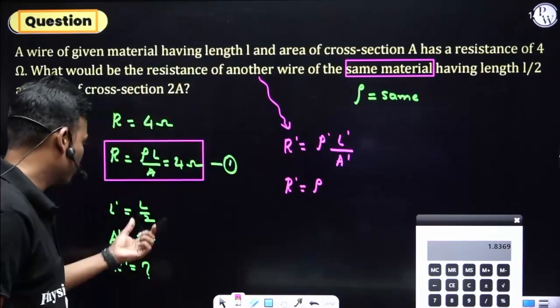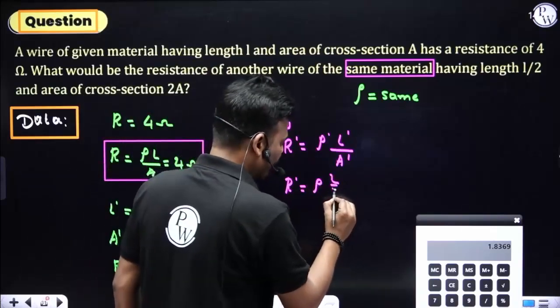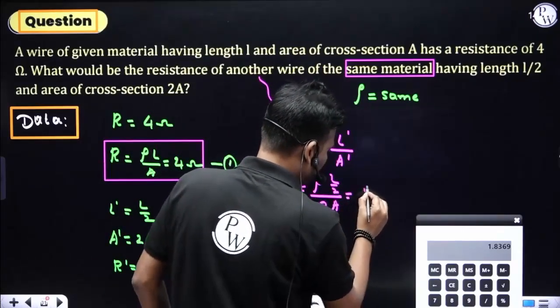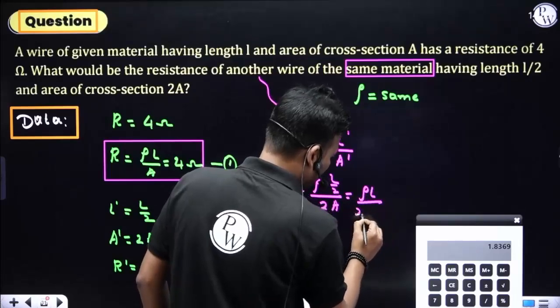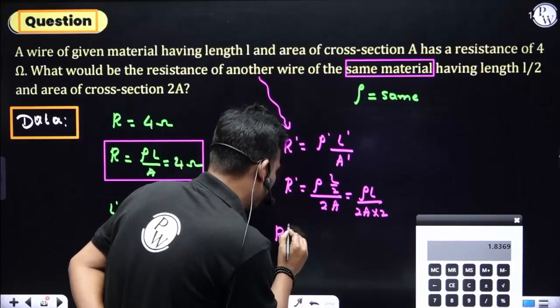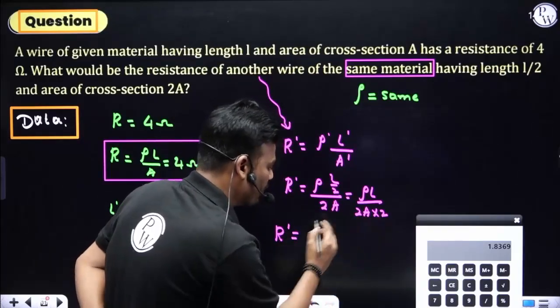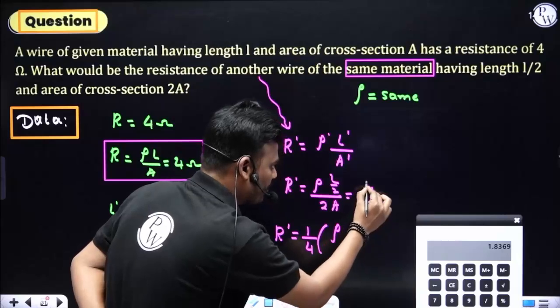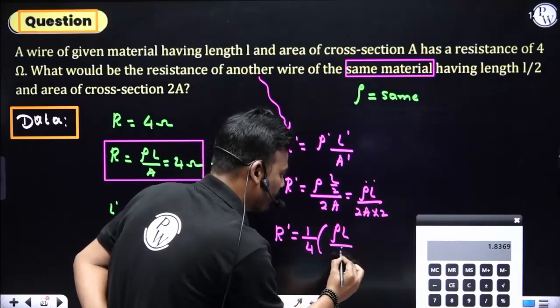L dash is L by 2 and A dash is 2A. Rearranging, rho L divided by 2A into 2. So R dash, 2 into 2 is 4, I'll write 1 by 4 times the remaining rho L divided by A.